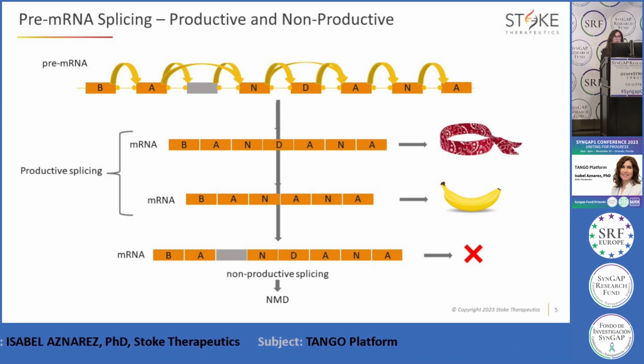In this particular example, we have a pre-mRNA that can be spliced in different ways. One way is to generate a bandana mRNA that will code for a bandana protein, but it can also be spliced in a way to skip that D exon and code for an mRNA that will encode a banana protein. This is what we call productive splicing. From a pre-mRNA that gets spliced, a protein is going to be made.